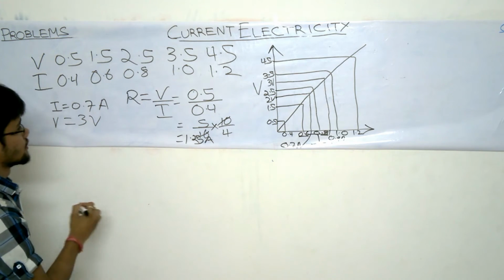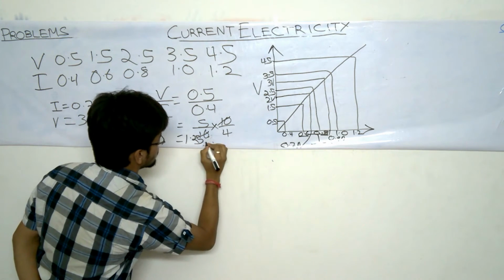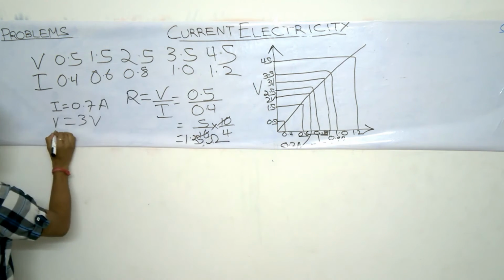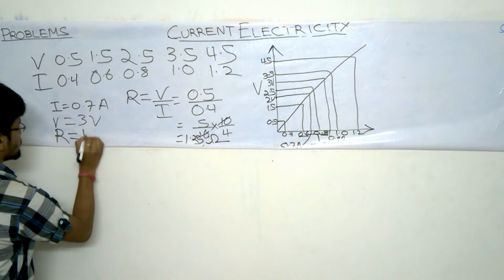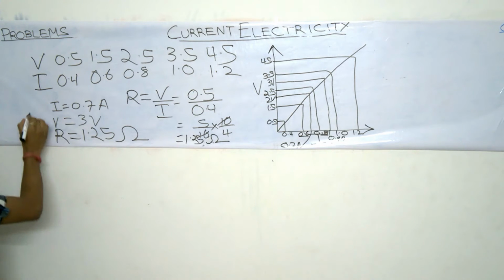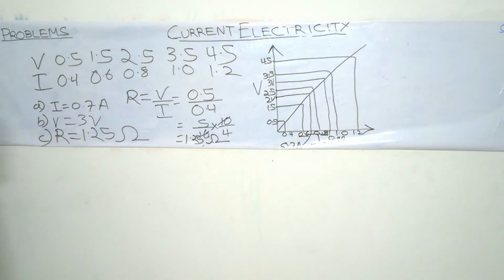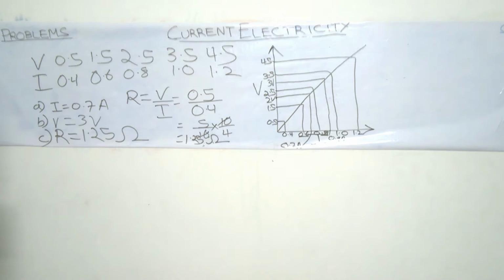We got the resistance as 1.25 ohms. So the third answer is resistance equals 1.25 ohms. So this was the 3 questions asked. Thank you.